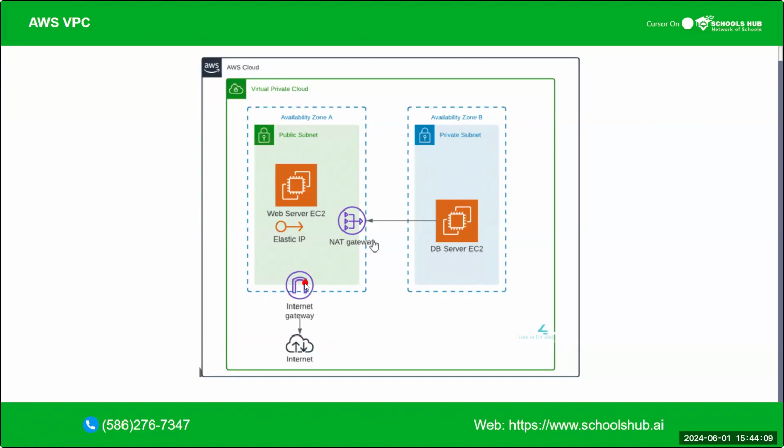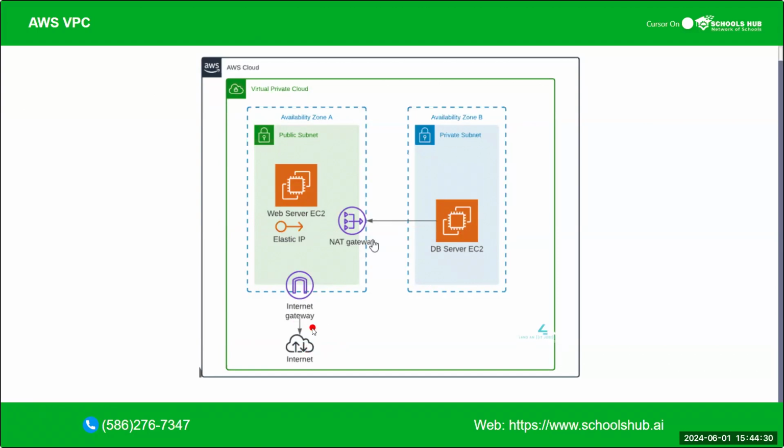And from this public subnet, we can access the private subnet, that means DB and this kind of servers, through this NAT gateway. So the NAT gateway is basically for the inbound traffic, and the internet gateway is used for outbound traffic.